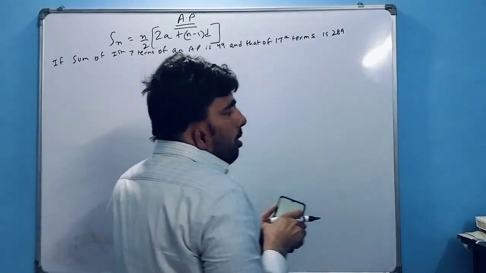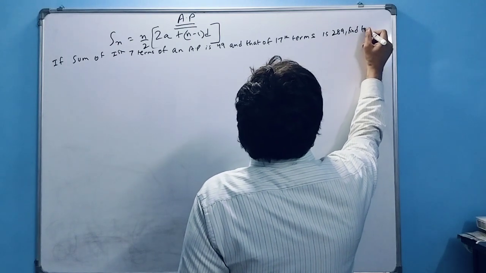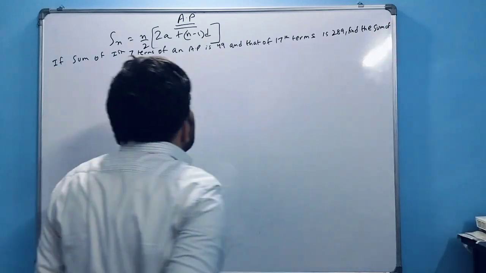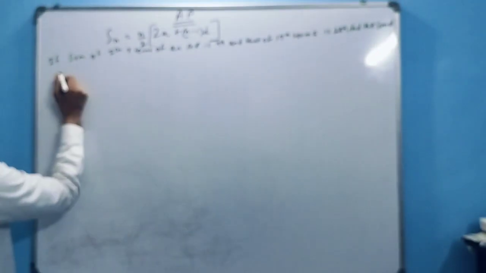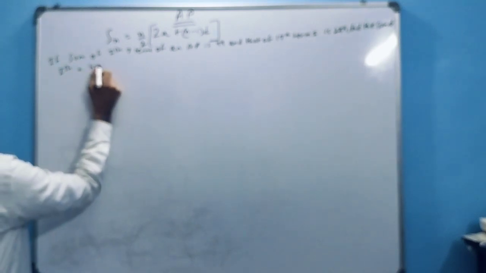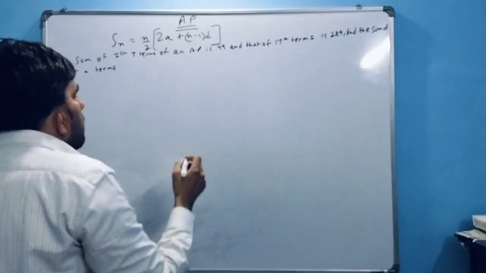Find the sum of first n terms. So we need to find Sn here, but before that, what have they given?